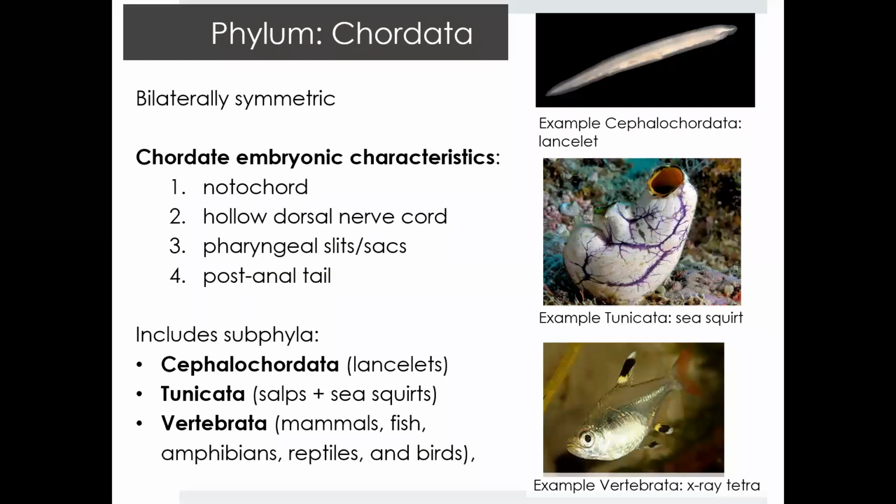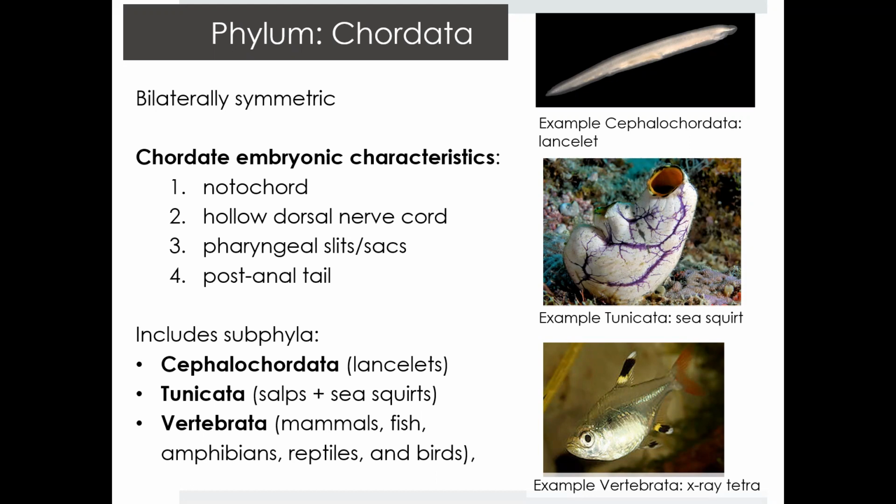So in the previous video, we talked about the phylum Echinodermata within the deuterostomes. Remember that there were 4 phyla within deuterostomes, but for this lab, we're going to focus specifically on the phylum Chordata. And so the phylum Chordata, also known as chordates, exhibit bilateral symmetry.